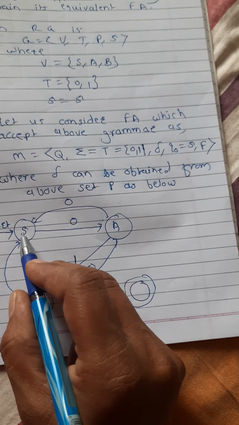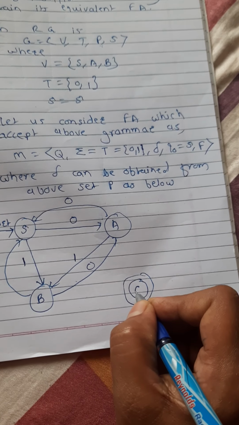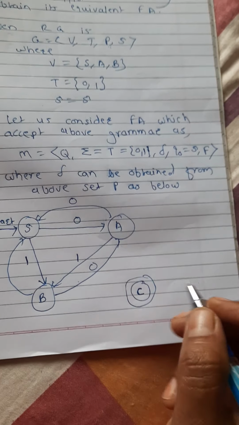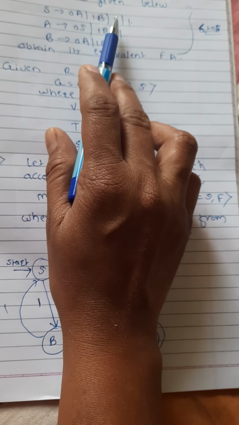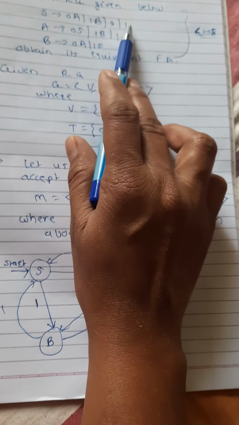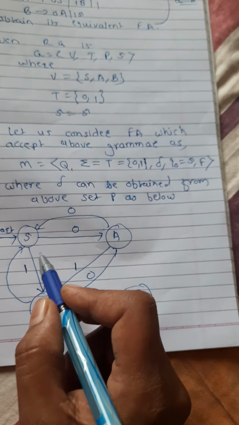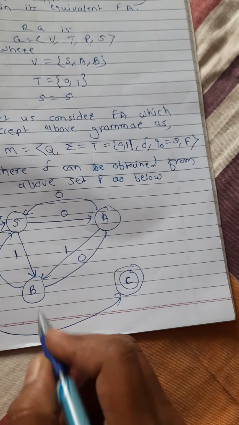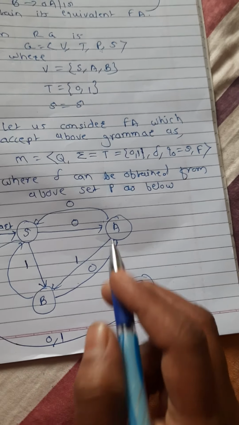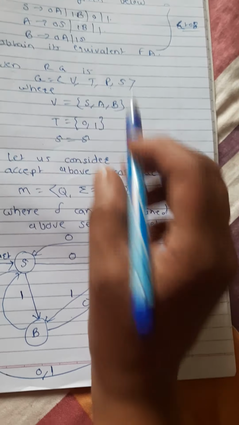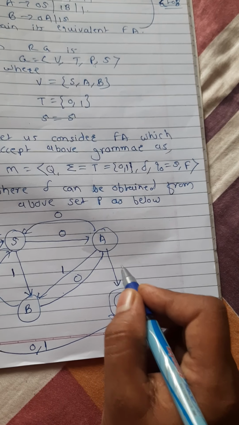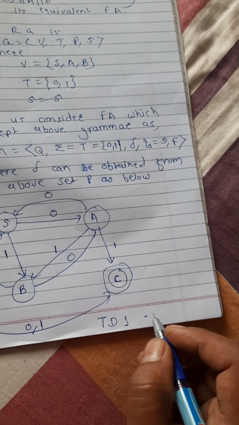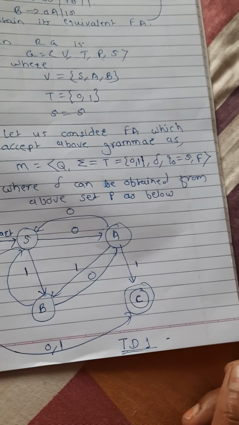Give a suitable label, say C. Then draw the transitions: S to the final state on 0, S to the final state on 1, then A to the final state on 1. So this is transition diagram 1.